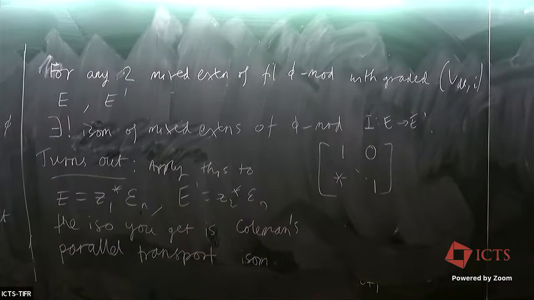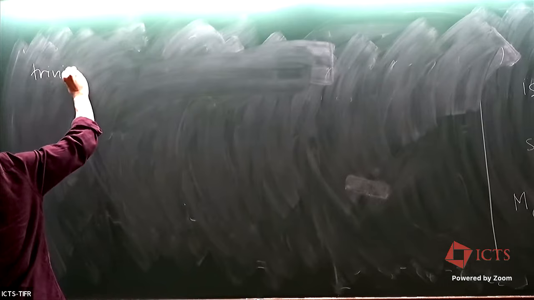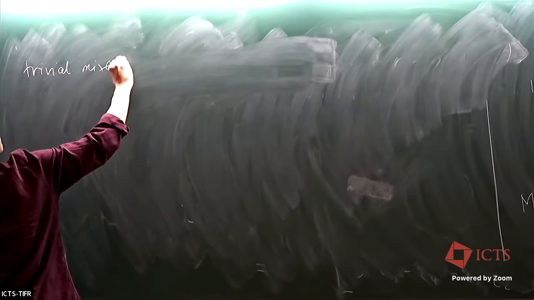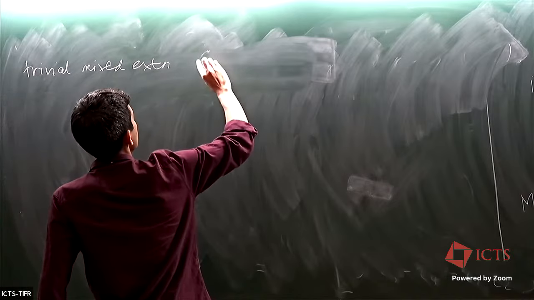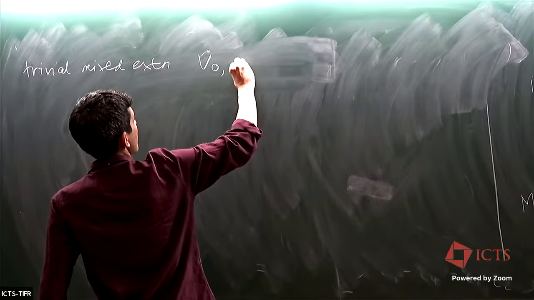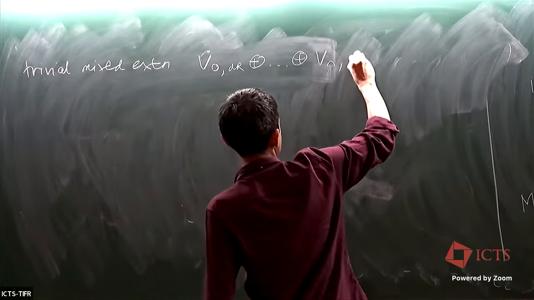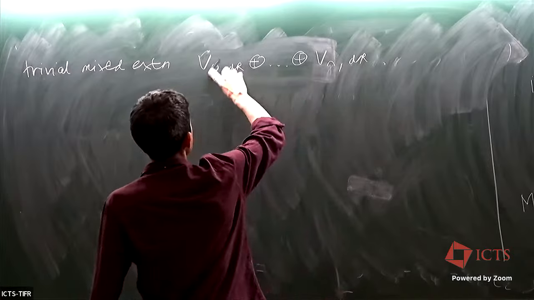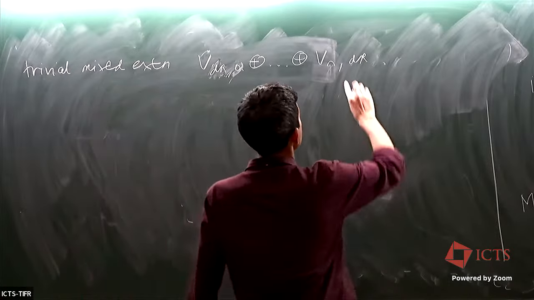So to describe that classification, maybe let me introduce some notation. We could take the trivial mixed extension. So this works in much bigger generality than this example. I've started calling V dR, sorry, V dR is just V dR 1, and Qp is V dR 0.